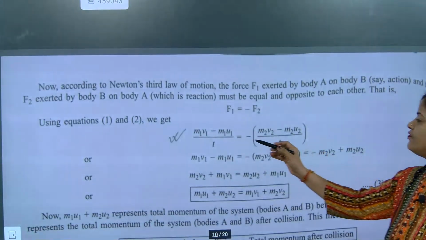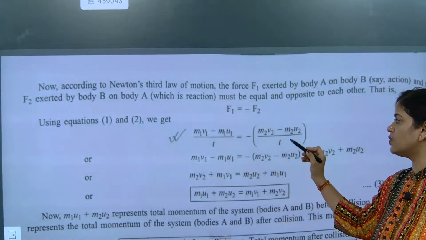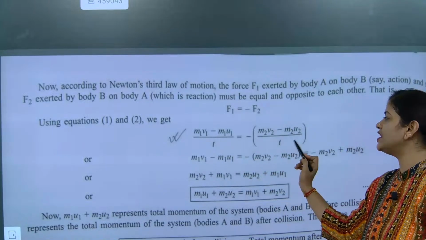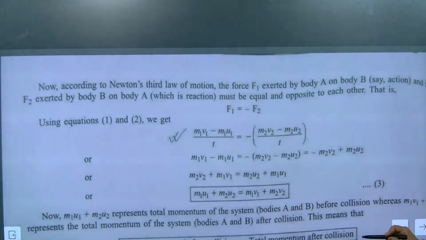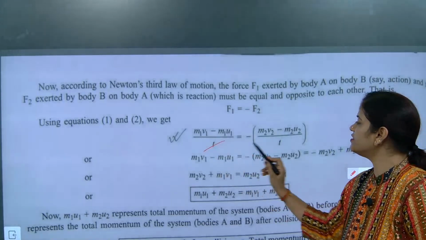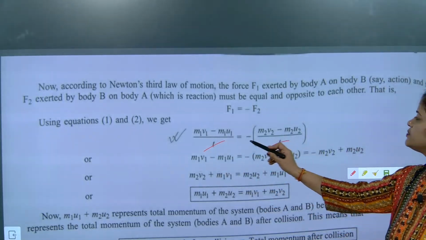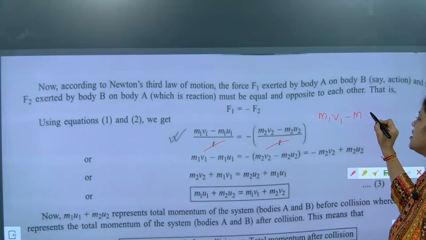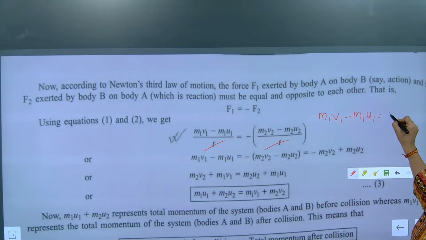So (M1 V1 minus M1 U1) by T is equal to minus (M2 V2 minus M2 U2) by T. T and T will get cancelled. Now this minus will go inside. So M1 V1 minus M1 U1 is equal to minus M2 V2 plus M2 U2.